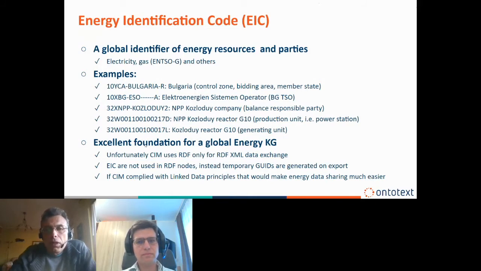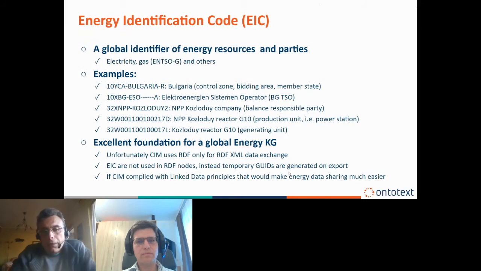Unfortunately, CIM says that GUID should be used, and CIM is currently only used for RDF XML data exchange, and even those GUIDs are not permanent. Engineering systems regenerate GUIDs on every export, and of course this makes it very hard to keep track of what old GUID corresponds to each new GUID.